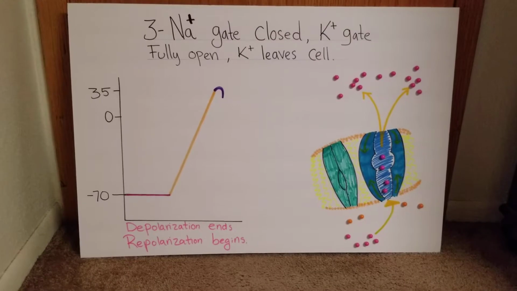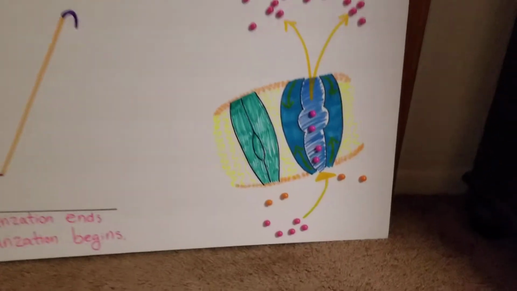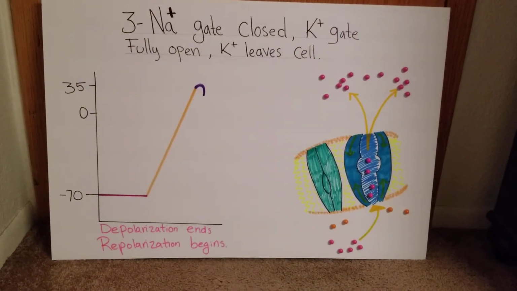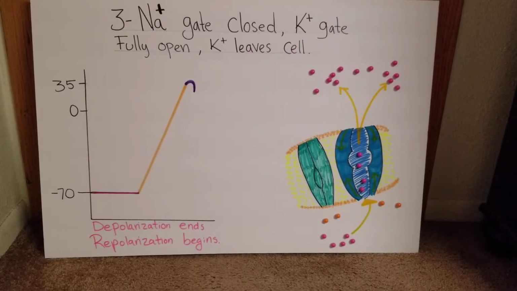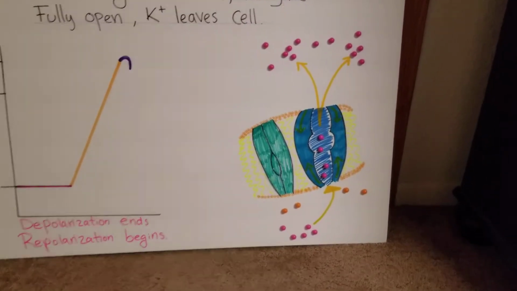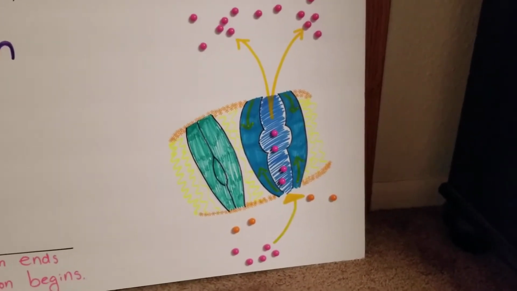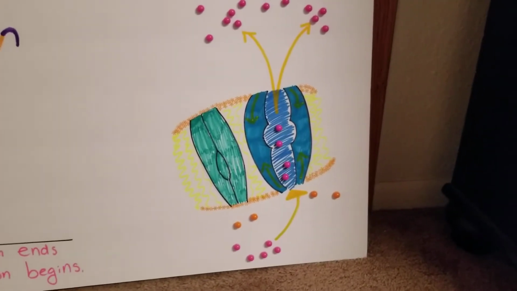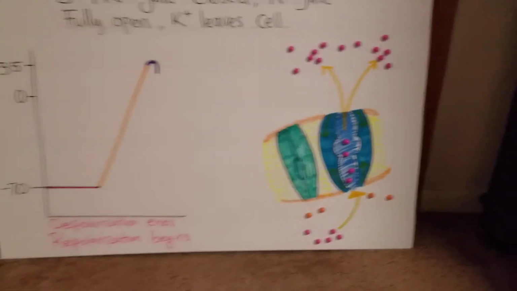In step number 3, the sodium gate is closed and the potassium gate is fully opened. We see potassium ions in the ICF diffuse through the gate. And as we know, potassium leaves the cell by facilitated diffusion, and also potassium leaves more rapidly than sodium enters the cell.